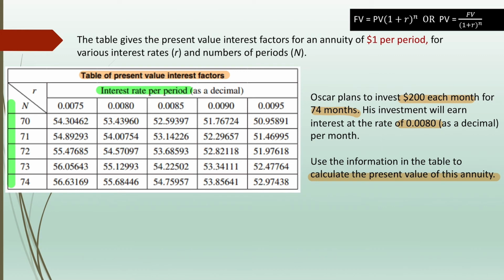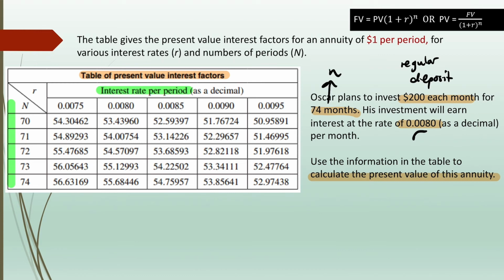So the $200 each month, that's our regular deposit. And we're going to do that for 74 months. So 74 is our N, and our rate is 0.0080.